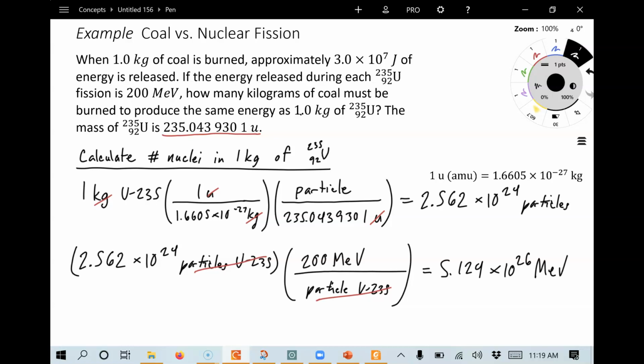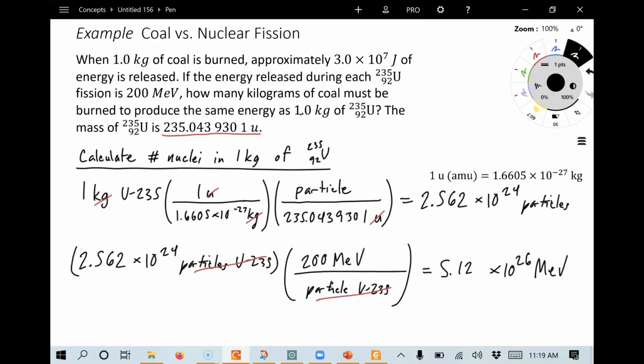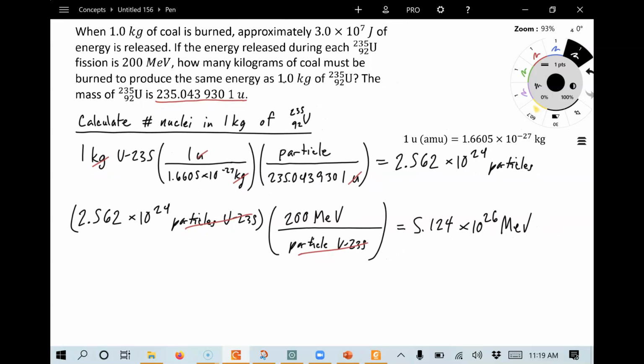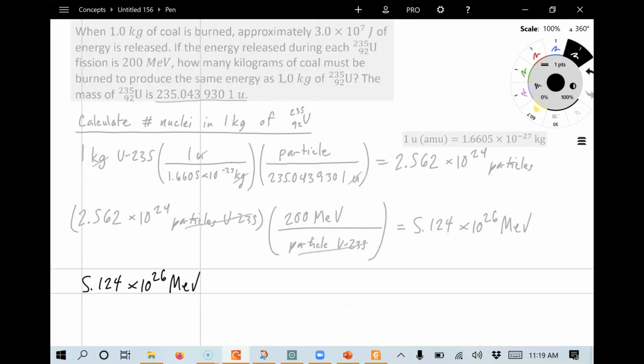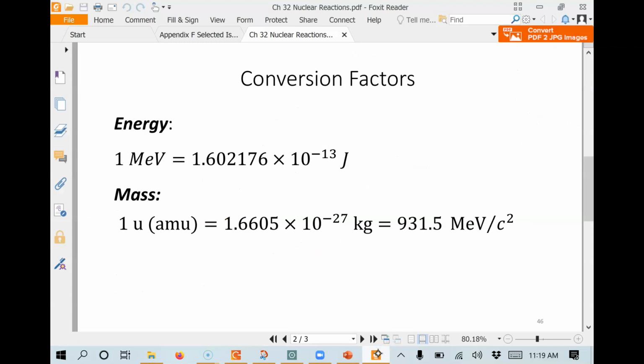Now what we want to do here is convert this to joules, because the energy of the coal is given to us in joules. So let's just do another conversion. This whole problem is just unit conversions essentially, right? We're going to take this energy and convert it to joules. We can go back and look at our notes if we want. 1 MeV is 1.60 times 10 to the minus 13 joules.